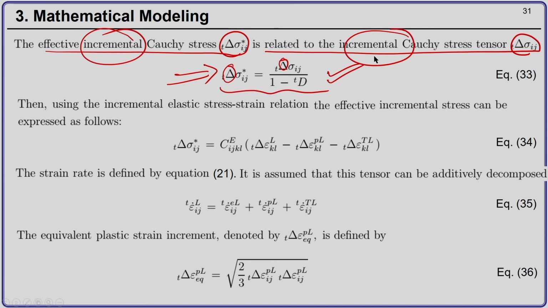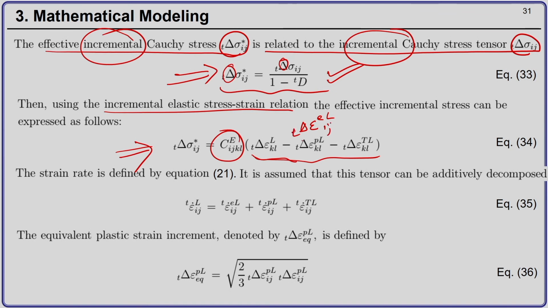Therefore, now if I substitute the incremental elastic strain from equation 32 in our relation for the incremental elastic stress strain relation, I get the effective incremental Cauchy stress as C_ijkl into delta epsilon elastic ij.